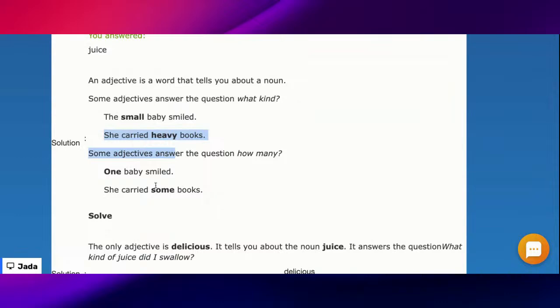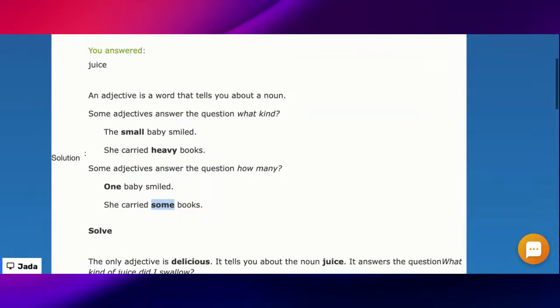So you could have some, few, also, they fall under how many, because they describe numbers. So you need to note the difference between the what kind and the how many. But just note that the adjective tells us more about a noun, gives us more information about the noun.